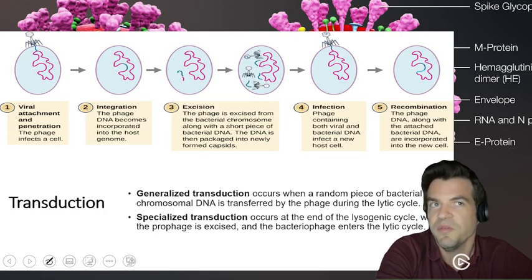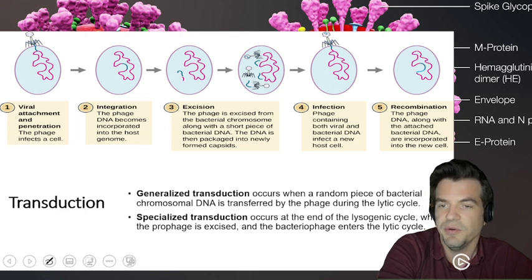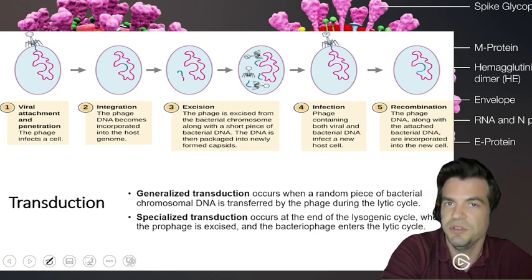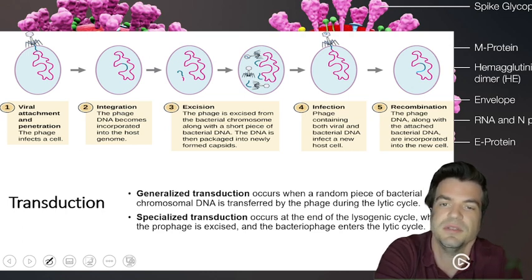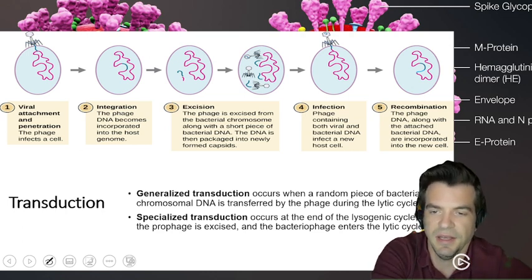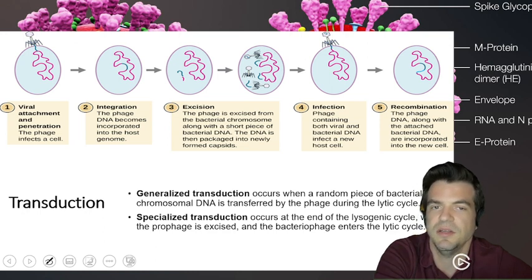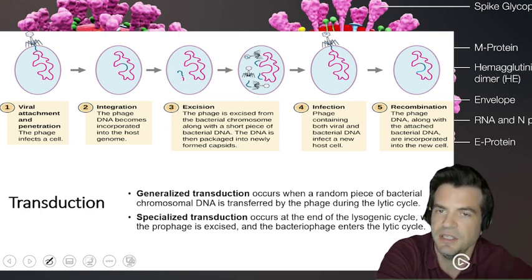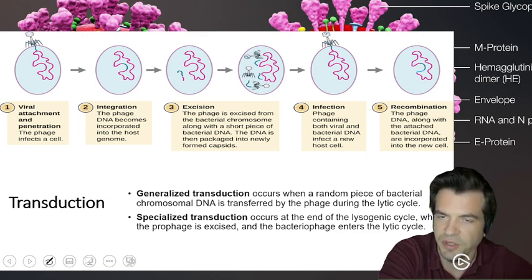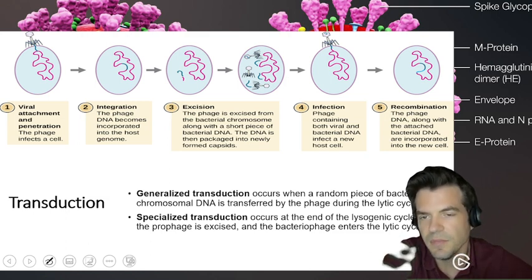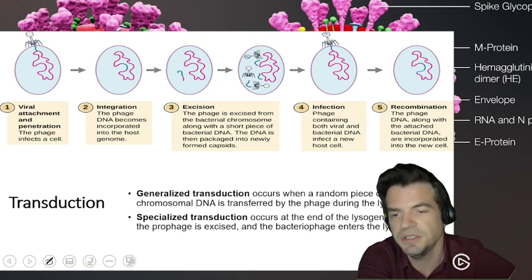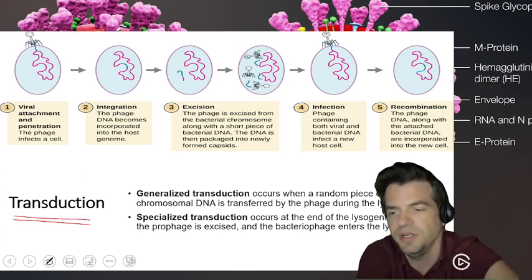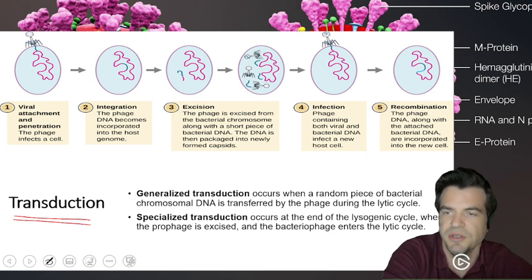One more thing before we move on to eukaryote, more specifically animal hosts: we have transduction. Transduction is a special way that new cells get new DNA. We've learned about the sex pilus and transferring DNA between bacteria using the pilus, but this is another way to get new DNA. It's called transduction.